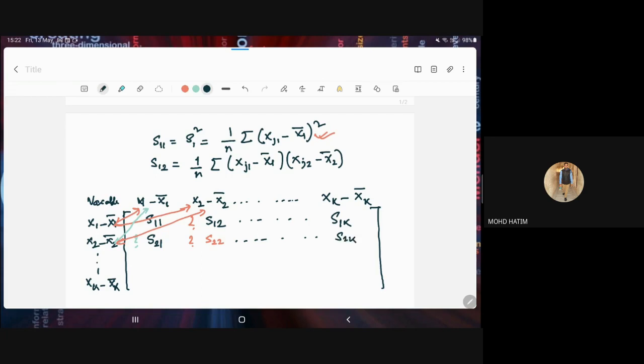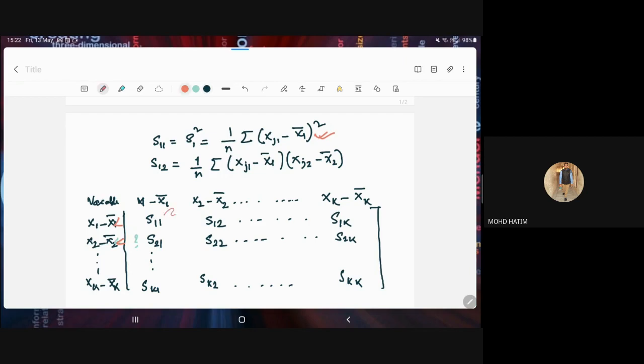If I extend this, it becomes Sk1, Sk2, and so on, Skk. Look at this matrix.